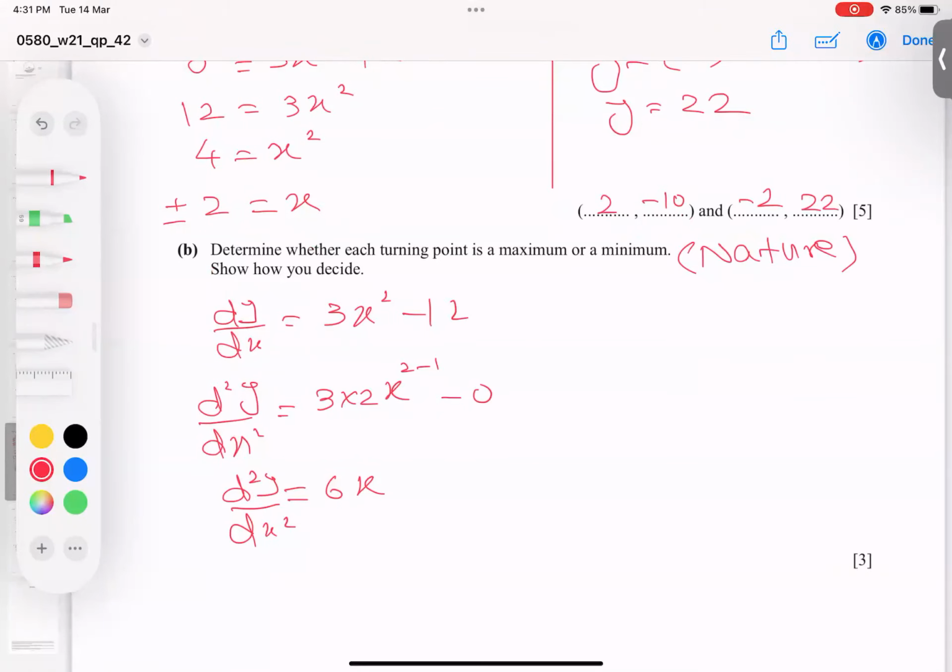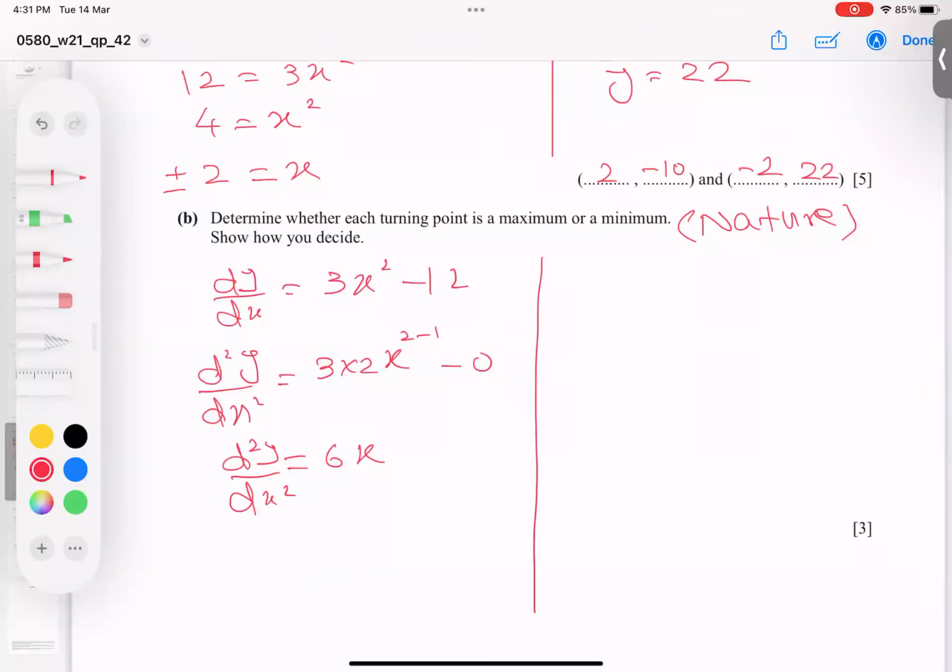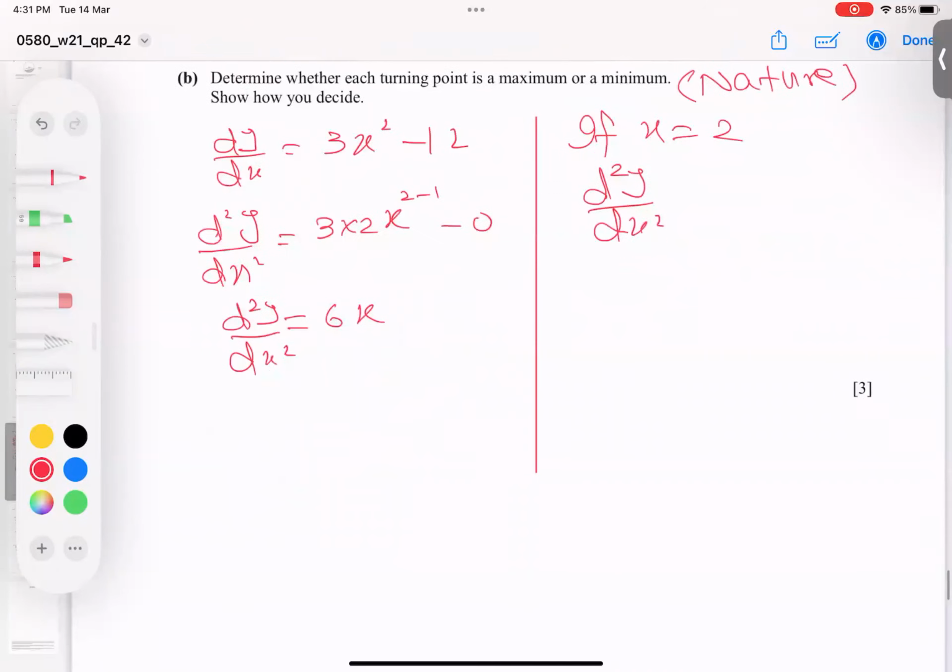Now what is the basic criteria of this nature finding? I will apply the x values in two situations. One, apply 2, and then apply minus 2. I will plug in this value in the second derivative. What is the basic criteria?